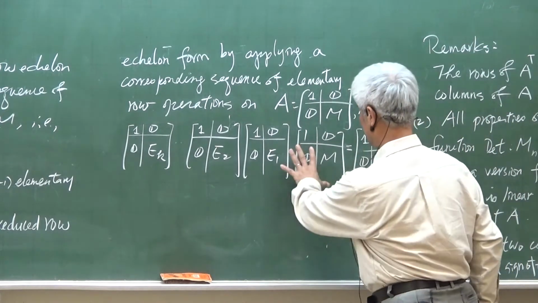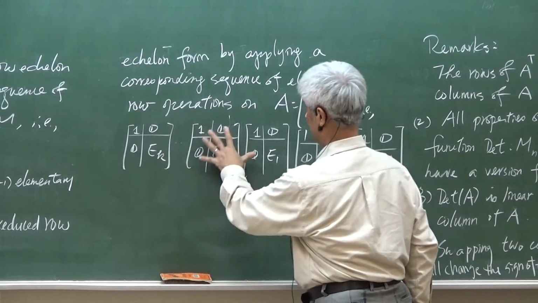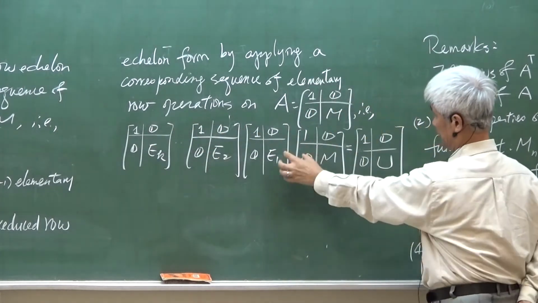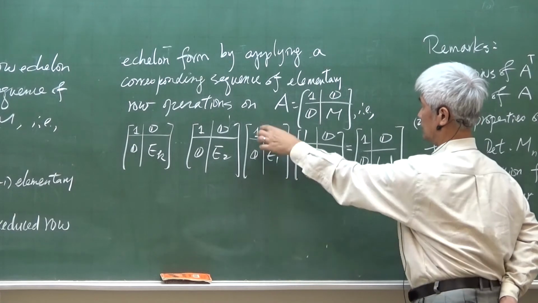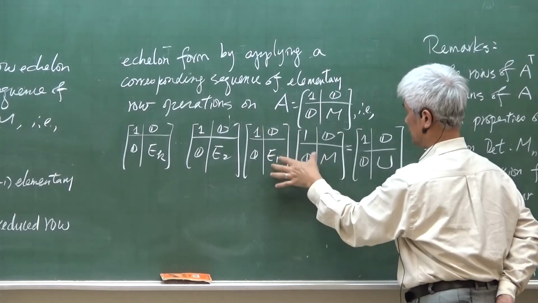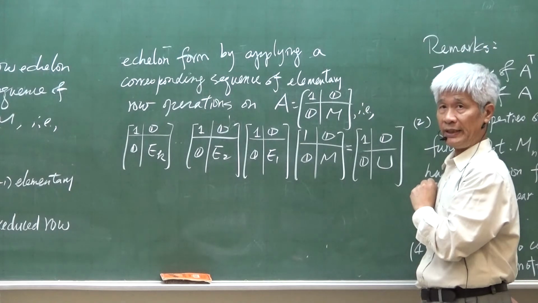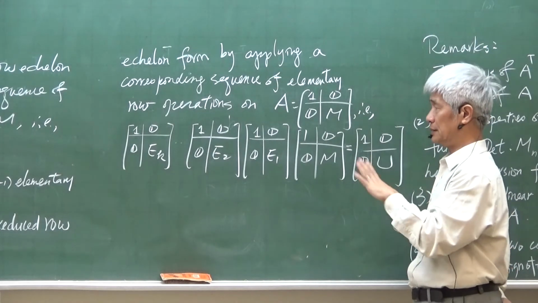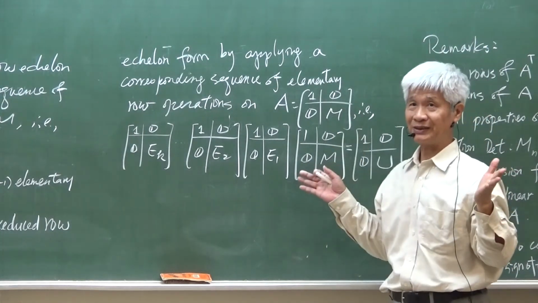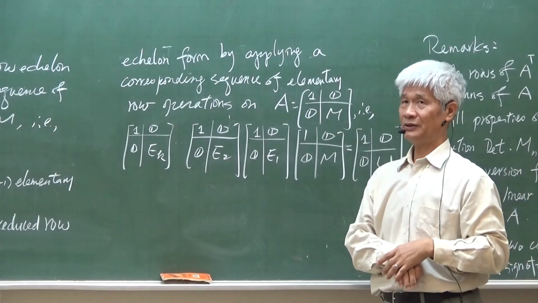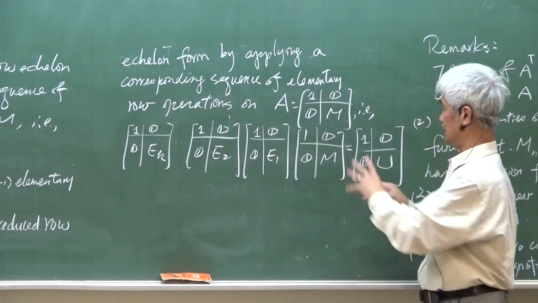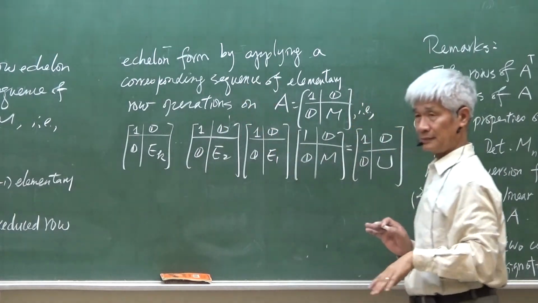You can think about these as block diagonal matrices, right? And so when you multiply these two block diagonal matrices, the result is 1 times 1, 0, 0, and then E1 times M. So just like a diagonal matrix, you multiply block diagonal matrices blockwise.